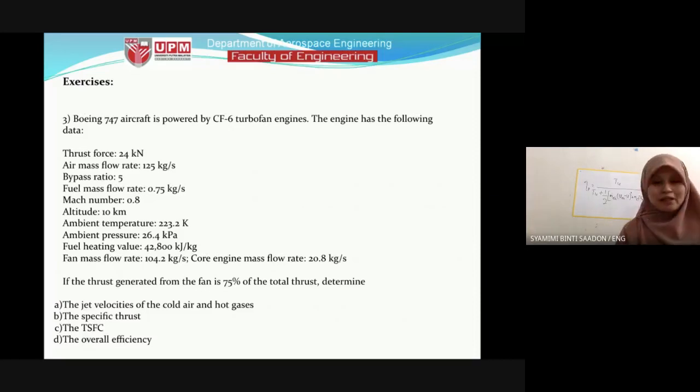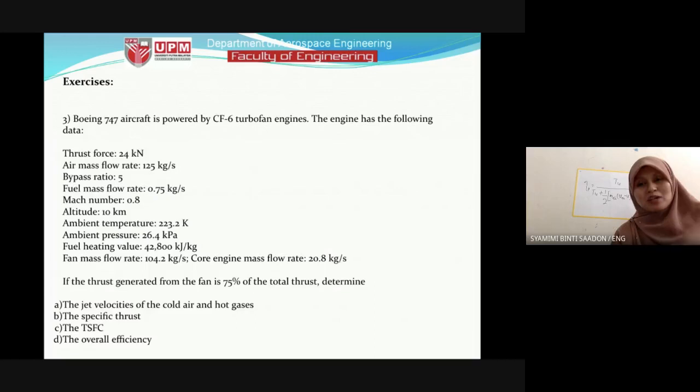Overall efficiency is actually propulsive efficiency multiplied with thermal efficiency. Normally in a thermodynamic cycle, we calculate only the thermal efficiency, right? But here in a jet engine, we are more interested in the propulsive efficiency.